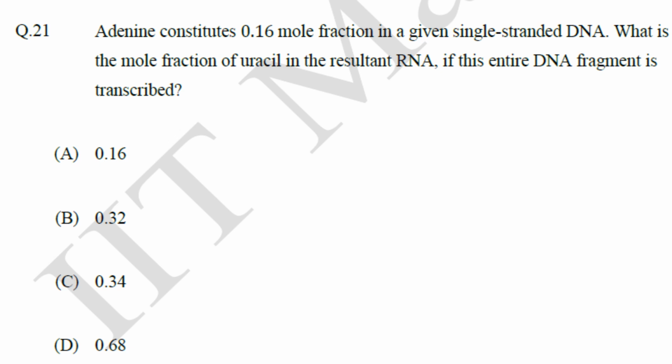In RNA you will find uracil only. So wherever adenine comes, uracil will be substituted. So if the mole fraction of adenine is 0.16, the number of uracil also will be 0.16, because adenine pairs with uracil. So the answer here will be A, that is 0.16.